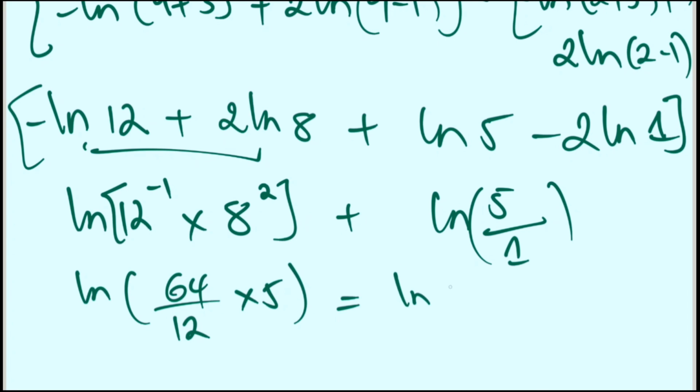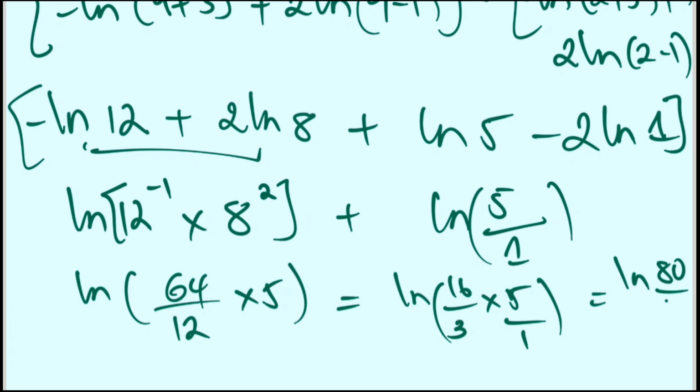Simplifying this, we should get natural log of 16 over 3 times 5 over 1, which is natural log of 80 over 3. There we go, we're done.